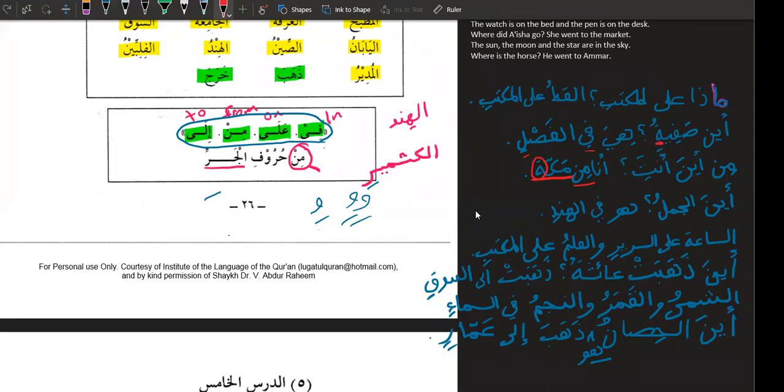So when a name, because Mecca is a name and a place, comes after a preposition, for example min Mecca, Mecca is a name, so it will take one dhamma.